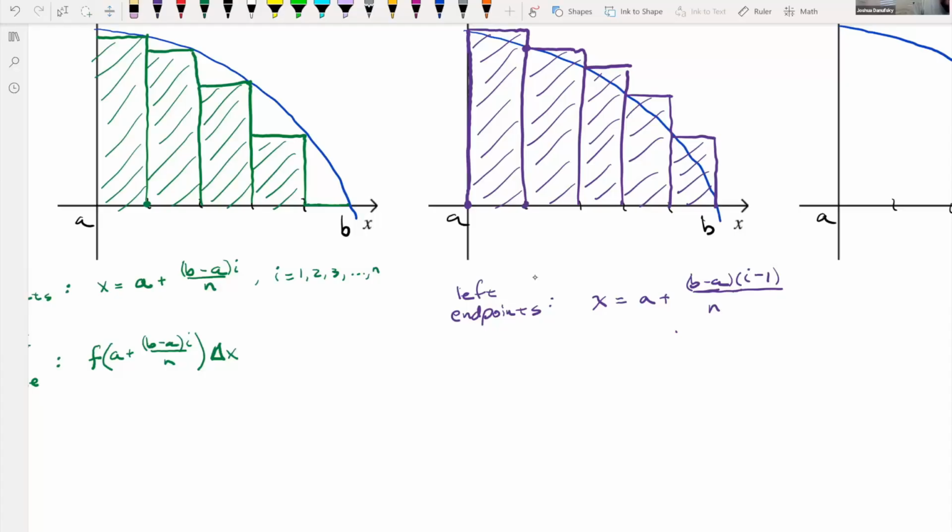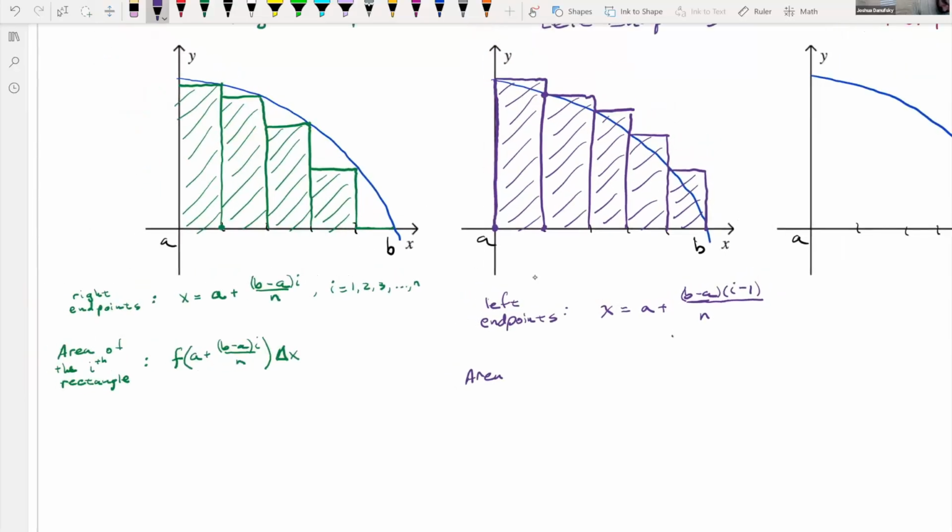And so from there, just like we did in green, the area of the ith rectangle is f of these left endpoints, which gives us the height, times delta x.